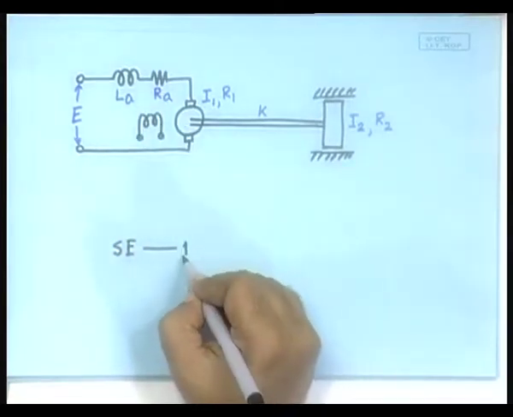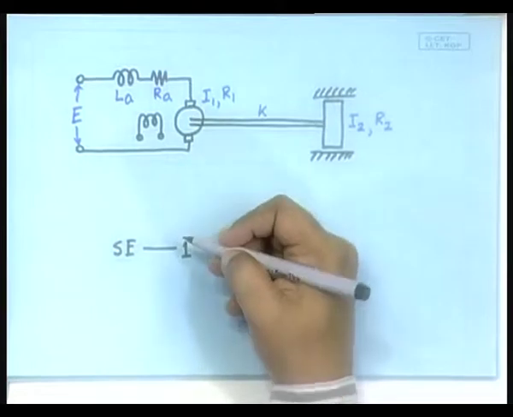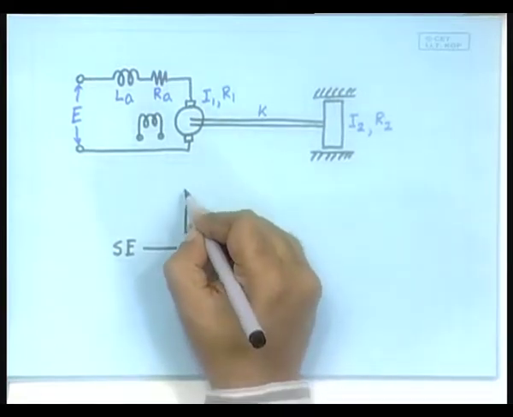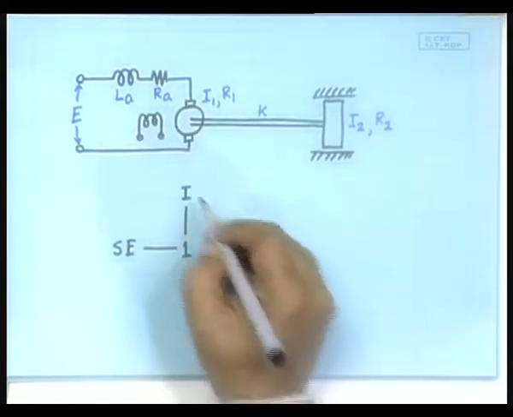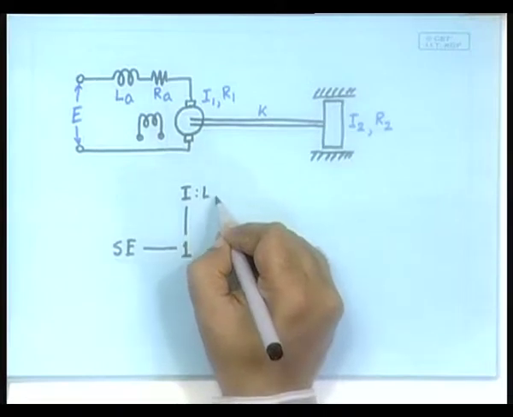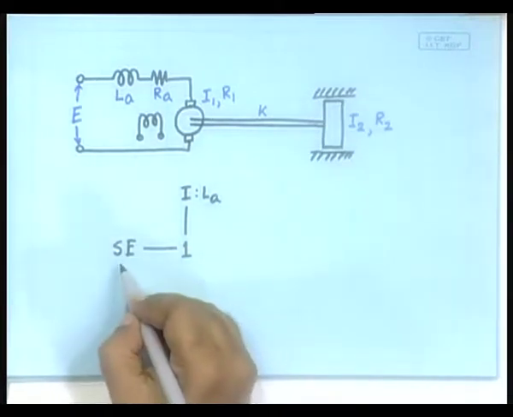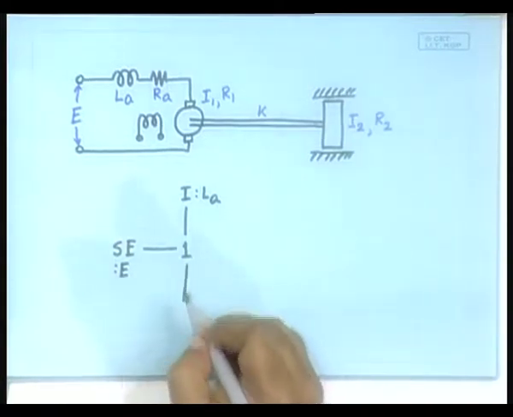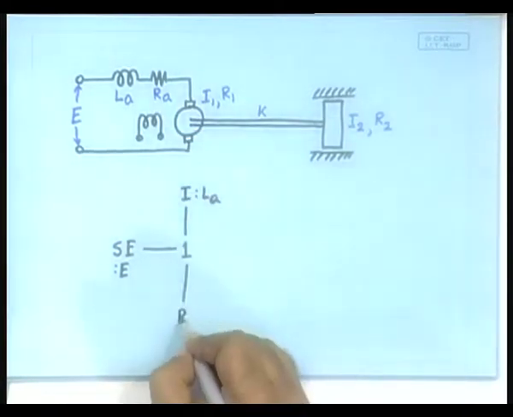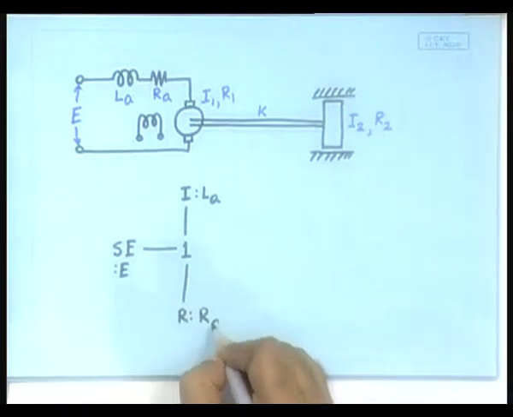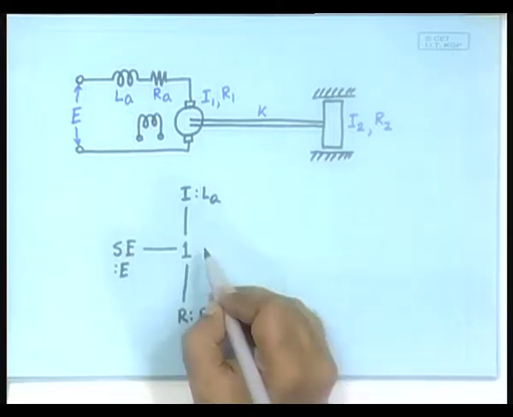So, it is a one junction connected to, there will be two things, one an I element which is this is LA, the E applied voltage, there will be R. Fine.